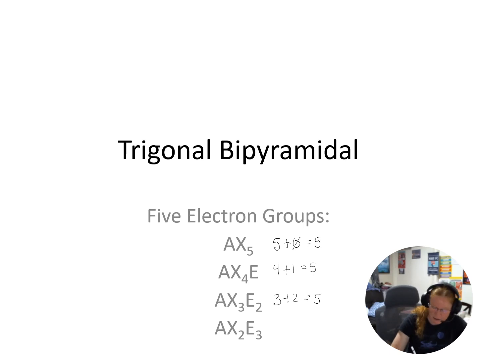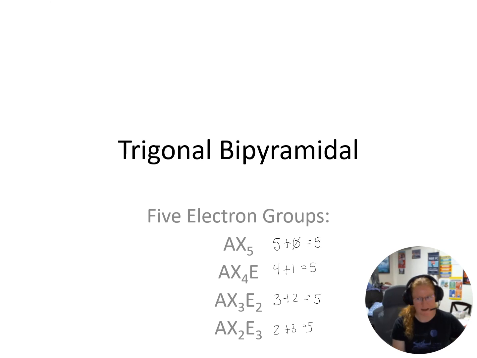And AX2E3 is 2 bonding, 3 lone pairs, which is also, coincidentally enough, still 5, okay? And we stop there. We can't tweak this around anymore. First of all, once we get down to there, we only have 3 atoms bonded together. But we're only dealing with electron groups on that equatorial region, okay?